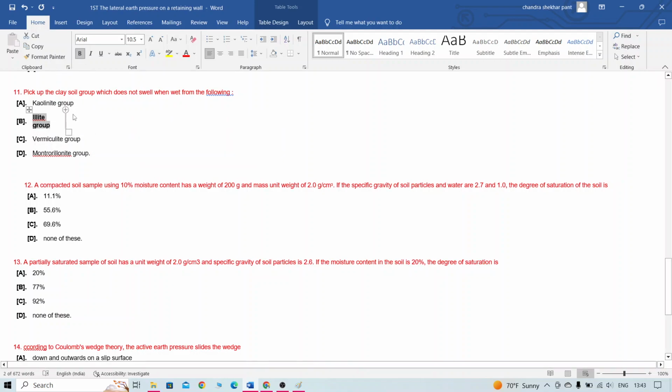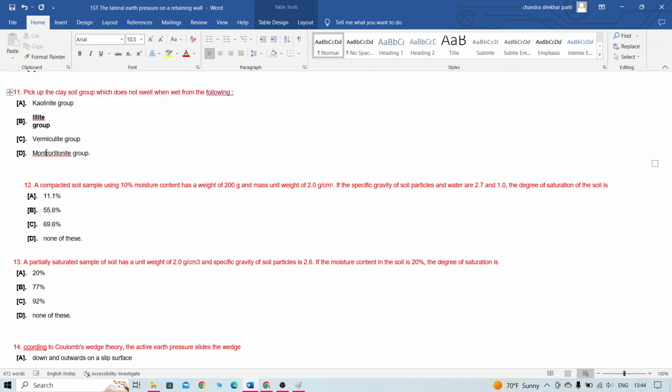If we remember something about black cotton soil, then obviously one is familiar with the montmorillonite group. The amount of this group is high in black cotton soil. Because of this, construction of any type of structure in black cotton soil is prohibited.